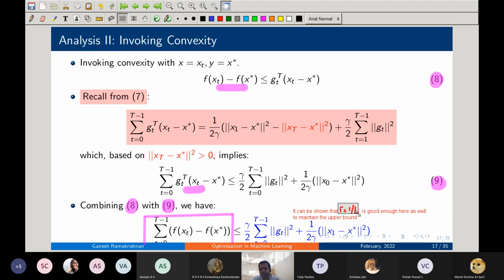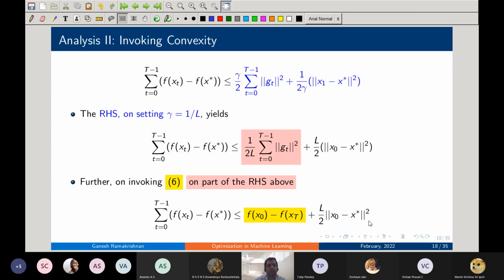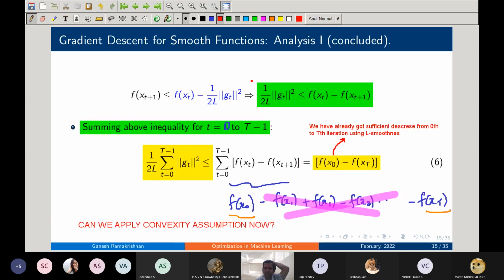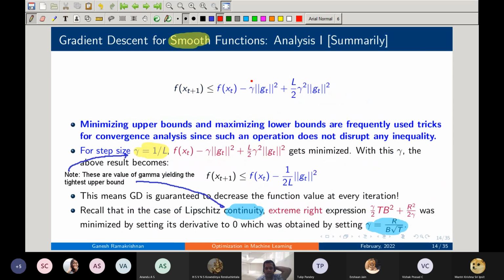So this is going to be a slight departure. On the RHS, we're going to set gamma equals 1 by L. This gives you a slightly different expression than earlier, and this upper bound still holds. As a hint, what was the gamma we had got earlier?